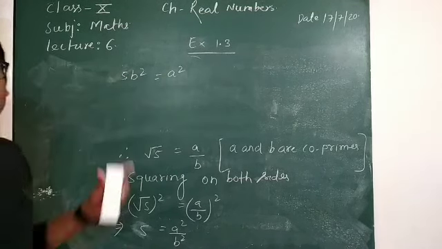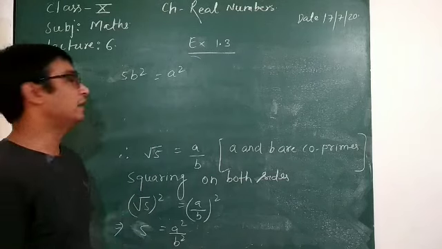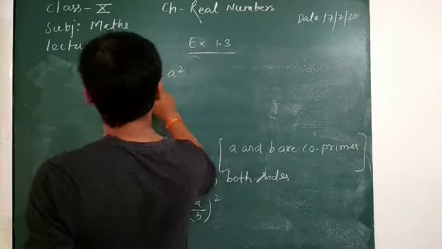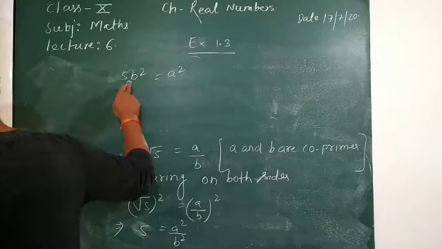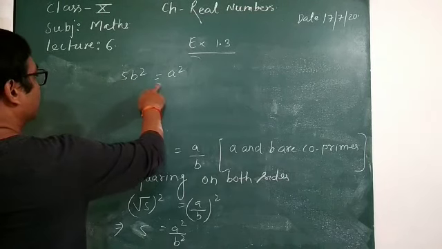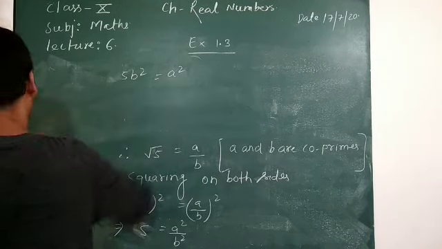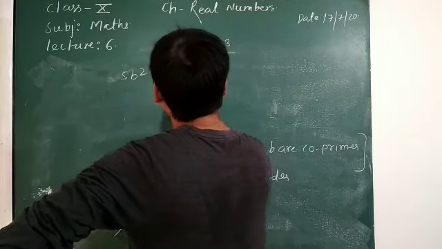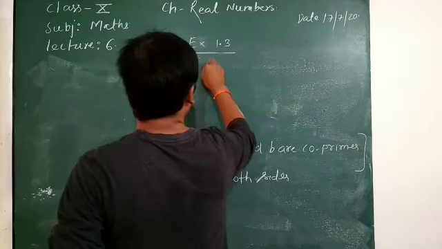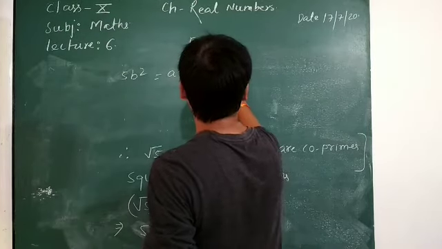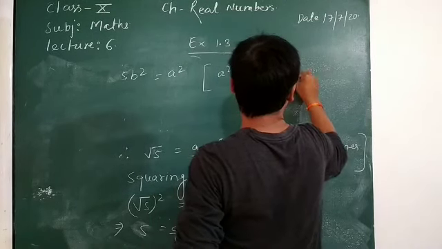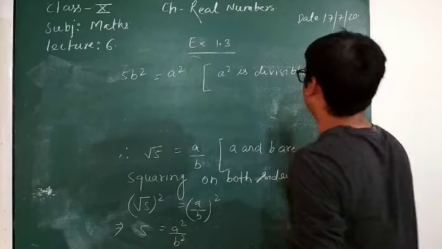Again we come to theorem 1.3. Here we can write that a square is divisible by 5.